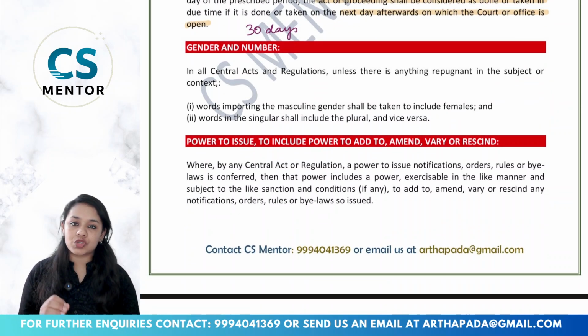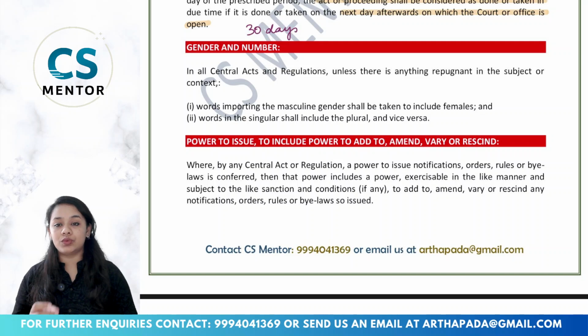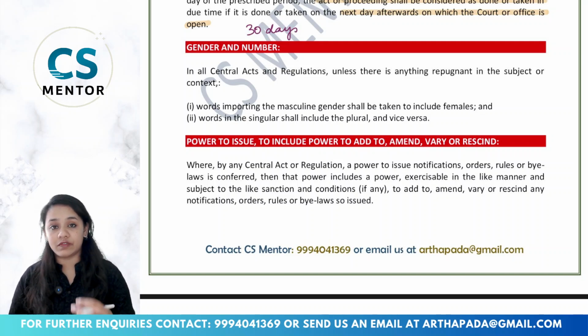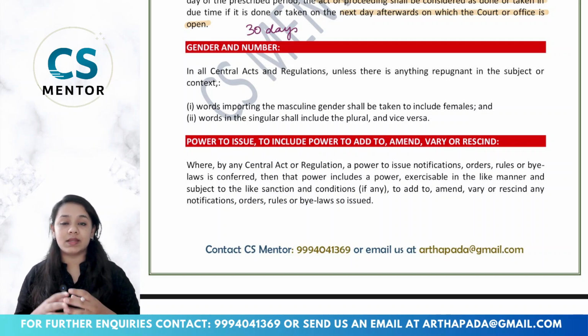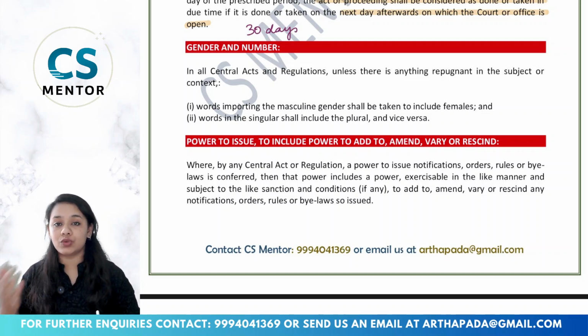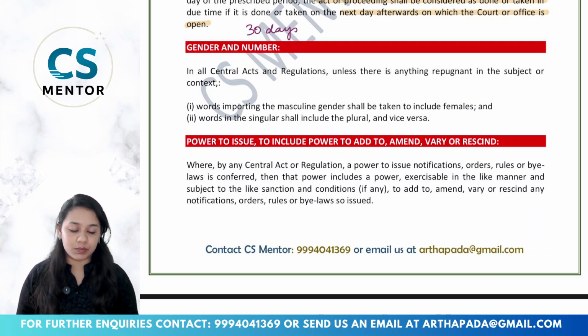Then, most laws will refer to a person as he. Now, just because the law refers to a he, it doesn't mean that the law applies only to the men in our society. He includes she, and singular includes plural.